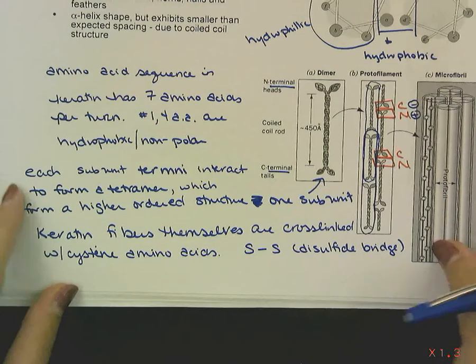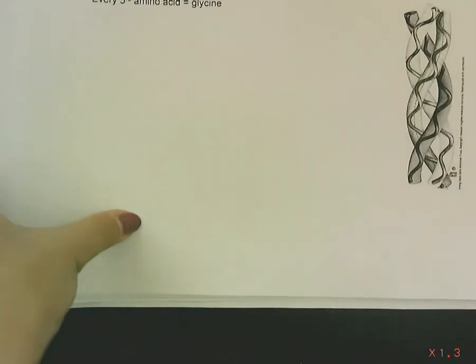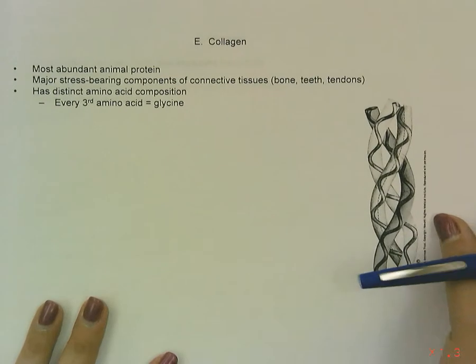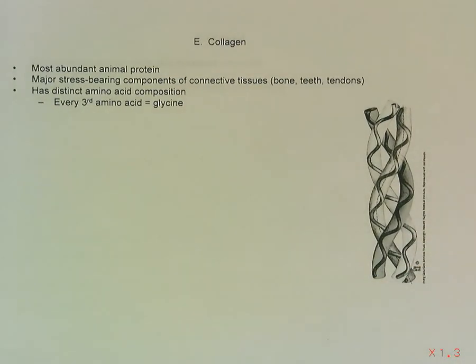All right, then let's talk about collagen. Collagen is the most abundant animal protein globally. Not saying in you personally, but globally.